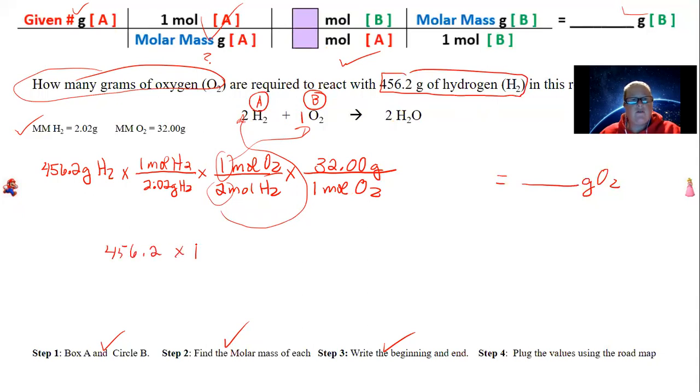So 456.2 times 1 divided by 2.02 times 1 divided by 2 times 32.00 divided by 1 equals 3,613 grams of oxygen.